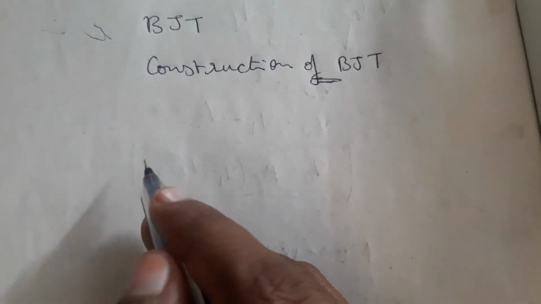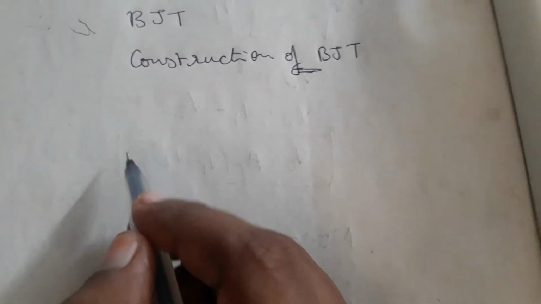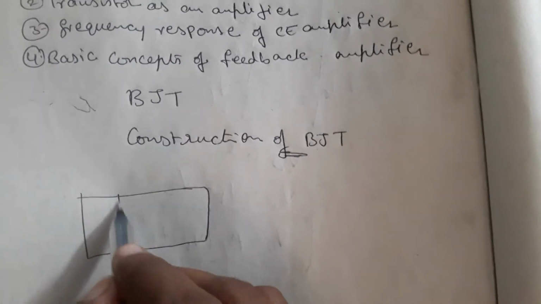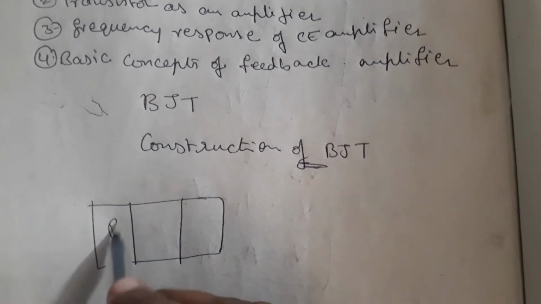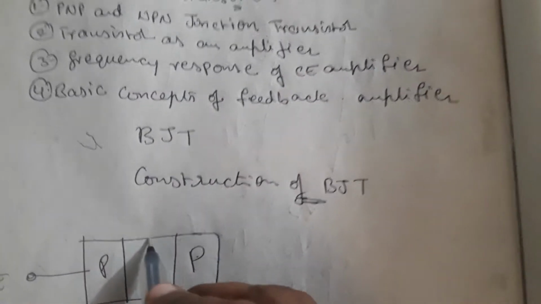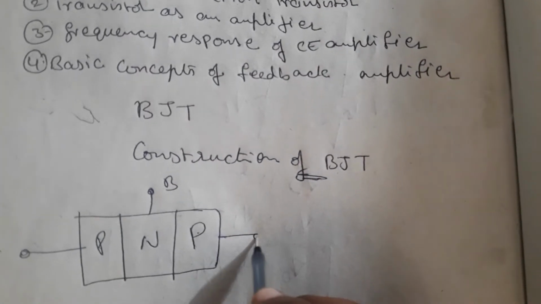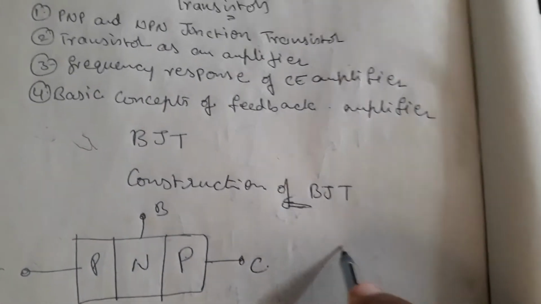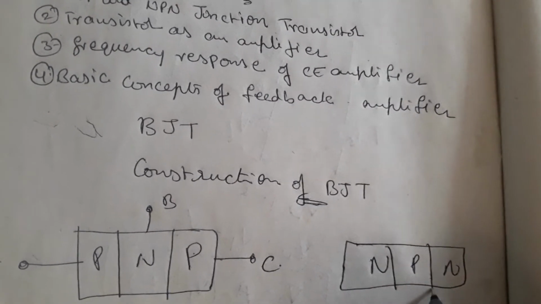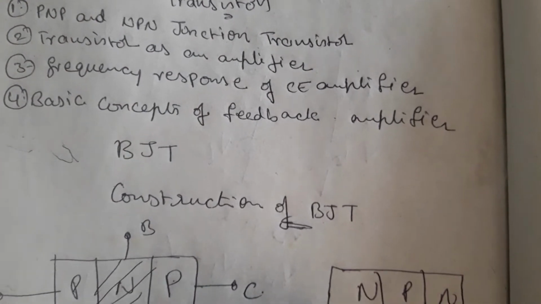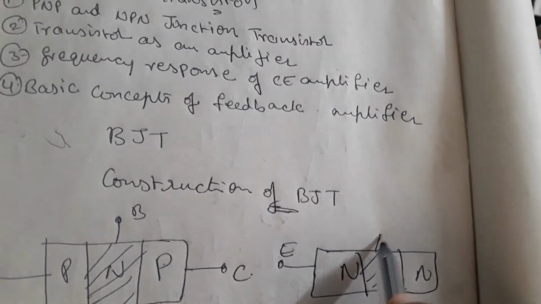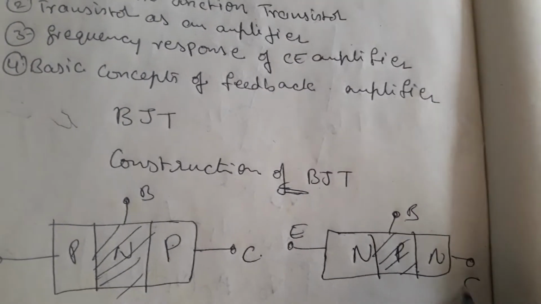The two types of BJT, the symbolic representation of PNP and NPN transistors, are like this. This is PNP: emitter, base and collector. This is NPN: this is N, this is P, emitter, base and collector.